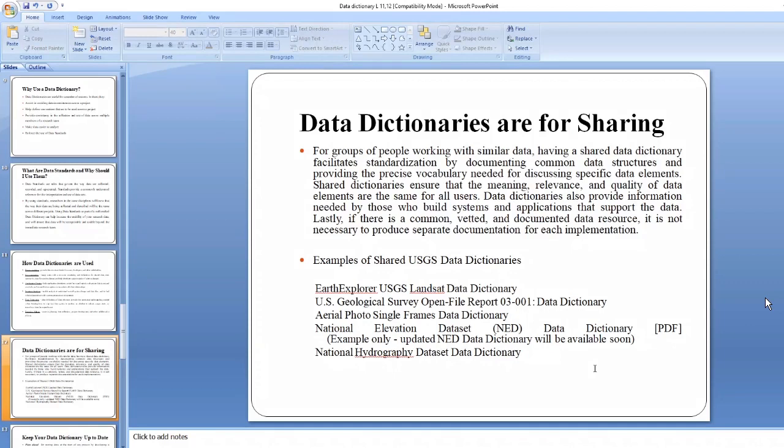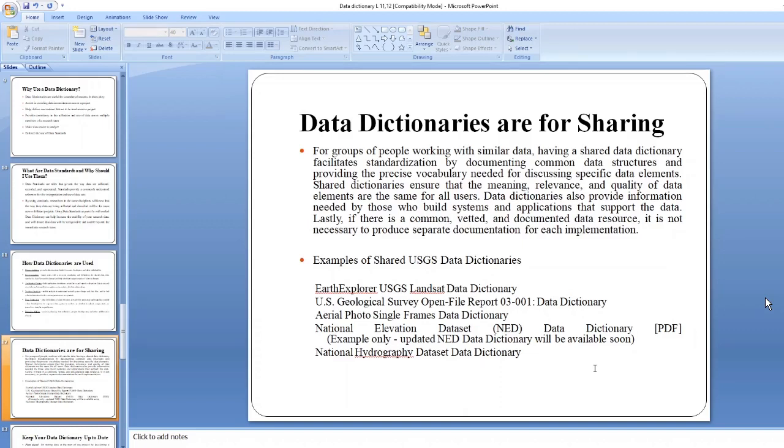So when you click on those links, certain information is given, such as the Earth Explorer USGS Landsat satellite data dictionary. They have given an open file of the open survey, that is the 3-001 data dictionary. They have also shared the aerial photo single frame data dictionary, the National Elevation Dataset data dictionary, and the National Hydrography Dataset data dictionary.